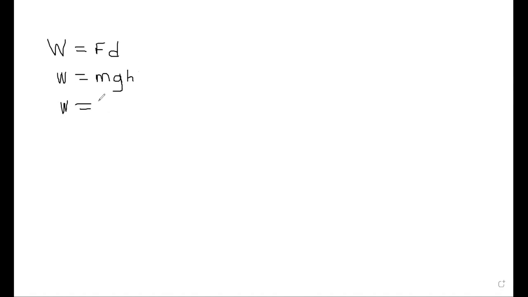They gave us 3.4 as our m, the mass. G is 9.81, we know. The height that we lifted is 1.8 meters.